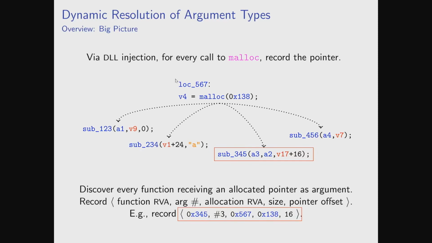It's an allocation of size 138, and it's flowing into sub 345. The third argument and the offset is 16. So I want to record data such as function was 345, argument was 3, allocation site was 567, size was 138, and the offset was 16.